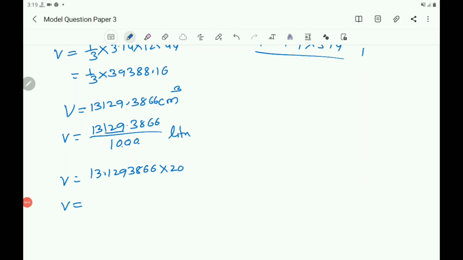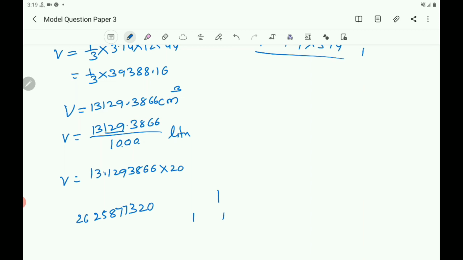Then you multiply it by 20. 6 2s are 12, 1 carry, 6 2s are 12 plus 1, 13, 8 2s are 16 plus 1, 17, 3 2s are 6 plus 1, 7, then 9 2s are 18, 1 carry, and 2 2s are 4, 4 plus 1, 5, and 2 1s are 2, then 13 2s are 26.